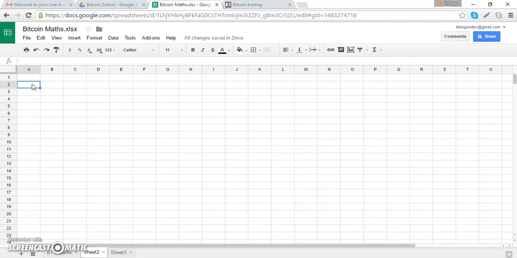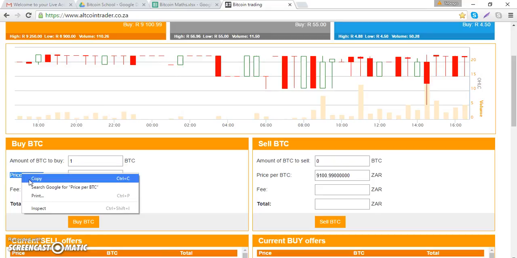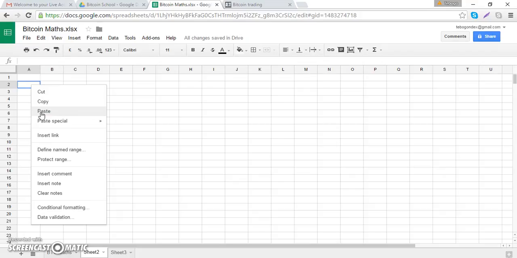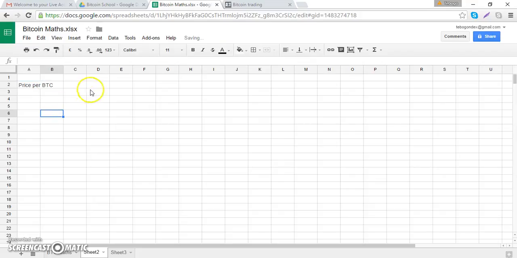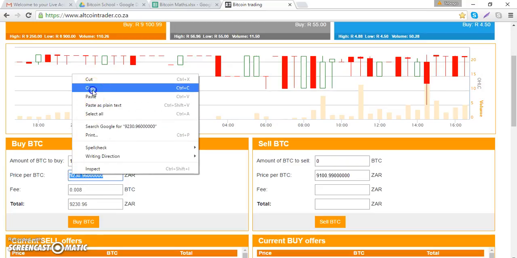So your price per Bitcoin is, okay, your price per Bitcoin is, that's the price. We all know that by now it's that much. I'm just gonna copy that.